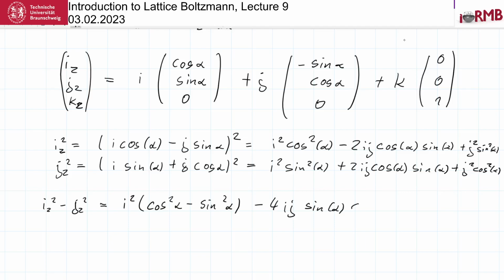I write it in the opposite direction than above, but plus j square sine square alpha minus cosine square alpha. So you see here's the same thing, and this can actually be rewritten.